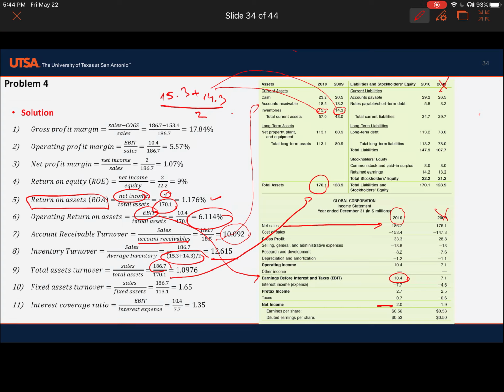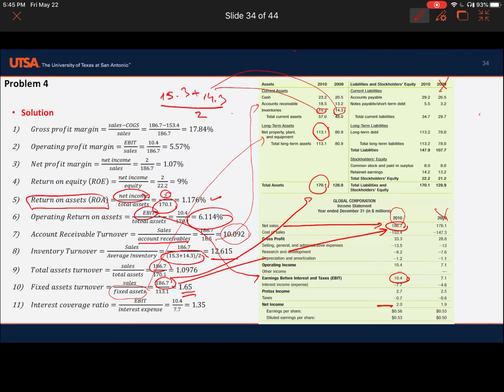We know the sales from the income statement, 186.7, and the fixed assets are in the balance sheet. What should we look at? Net property, plant and equipment, 13.1. So the fixed asset turnover is 1.65.